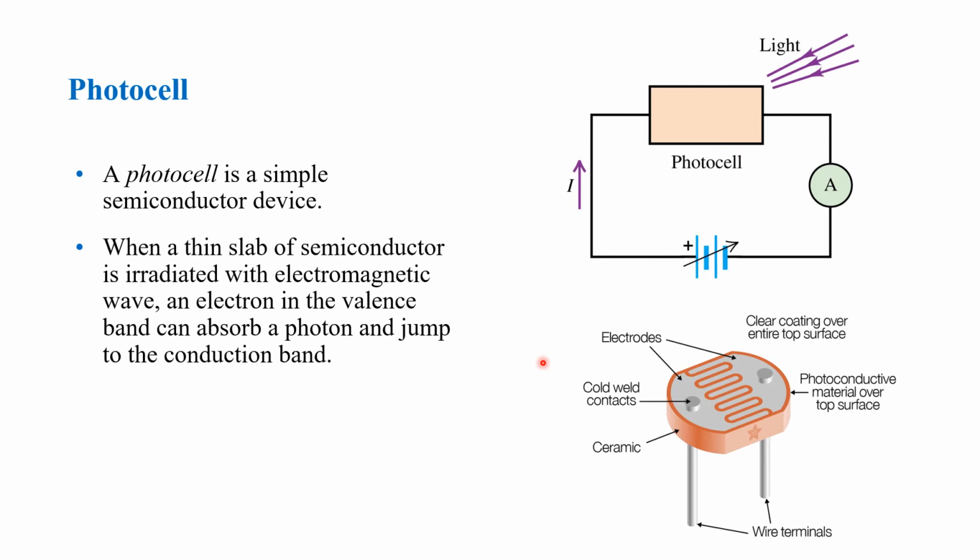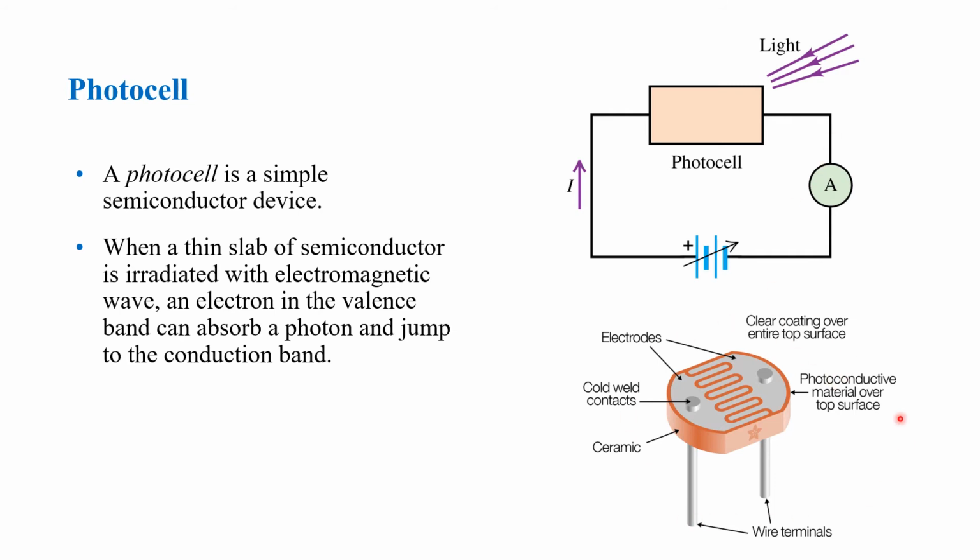So what happens is that the electron in the valence band uses the energy from the electromagnetic wave, which is in the form of light, in order to be excited and jump from the valence band towards the conduction band. And if that happens, it actually creates a current which you can actually measure.